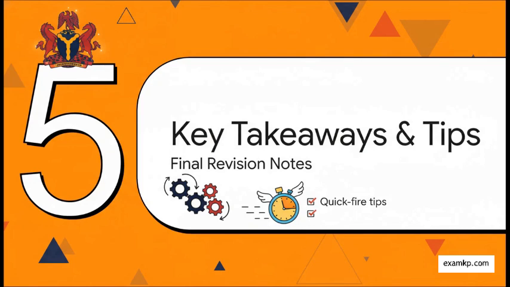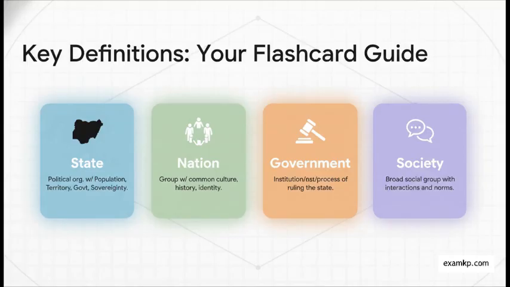Okay, let's bring it all home with your key takeaways. These are the final revision notes you need to really lock in this knowledge before you walk into that exam hall. Here they are, all 4 key definitions on one slide. Seriously, my best advice to you, make flashcards, write them out, test yourself. Don't just read.